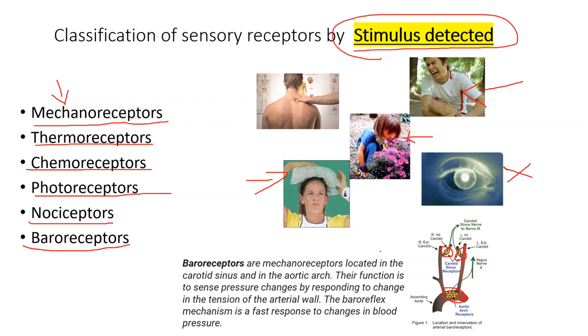So they initiate this baroreflex mechanism, which is this fast response to changes in blood pressure. Okay, so they're able to sense the pressure changes and respond to change in tension of the arterial wall.